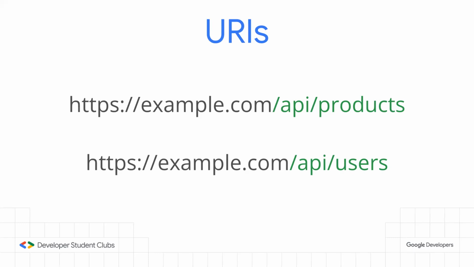Those lead to unique and specific endpoints that your API will work off of. So for instance, the top one might handle the entirety of the products database, and the bottom one might deal with the entirety of the users database. These are really important, and this is where we make requests.